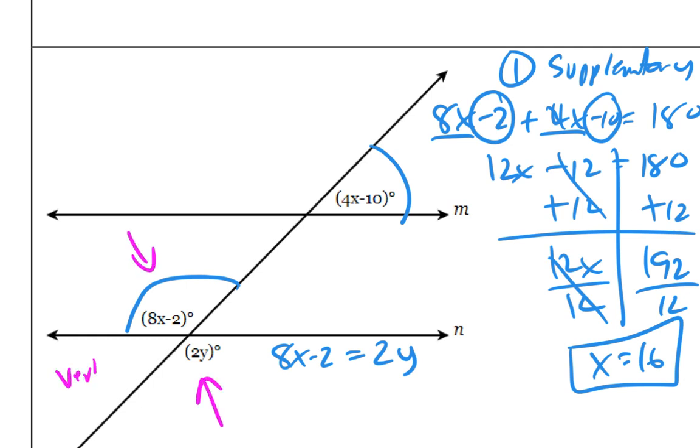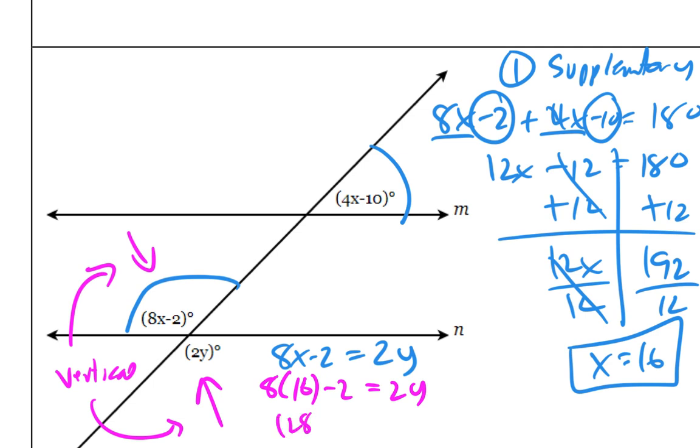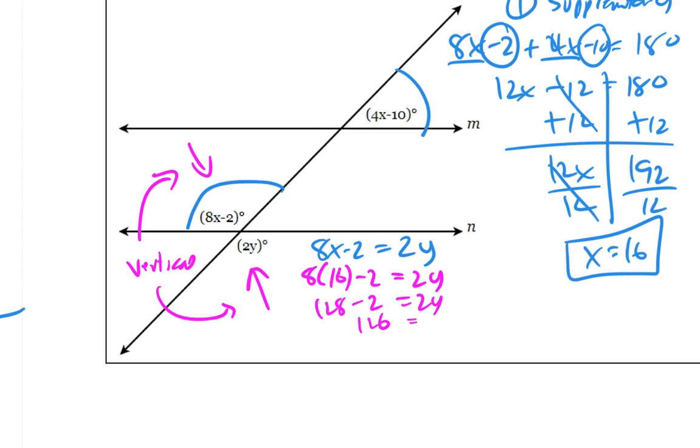If they're vertical angles, that means they're equal to each other. If x is equal to 16, I can put 16 in place of that x. So that's 8 times 16 minus 2 equals 2y. 8 times 16 is 128, minus 2 equals 2y. So that's 126 equals 2y.